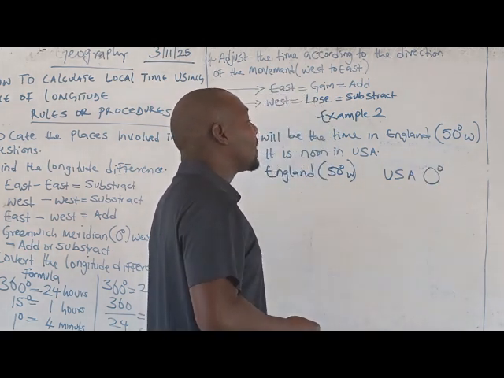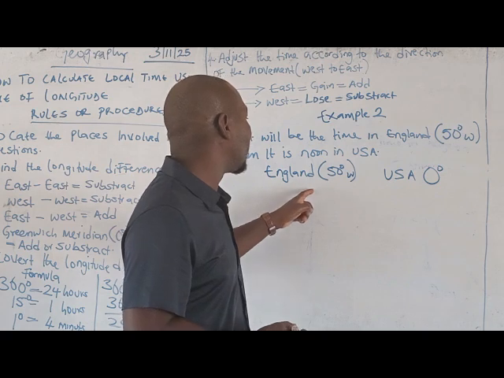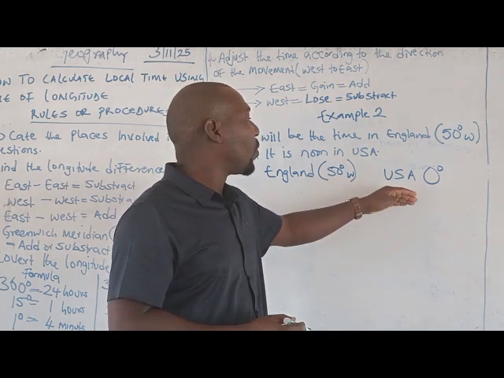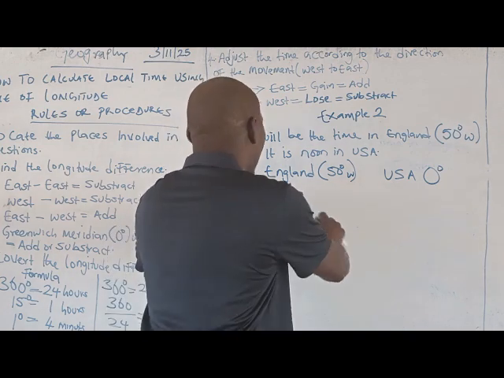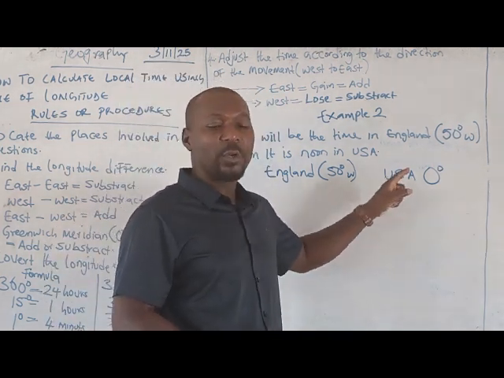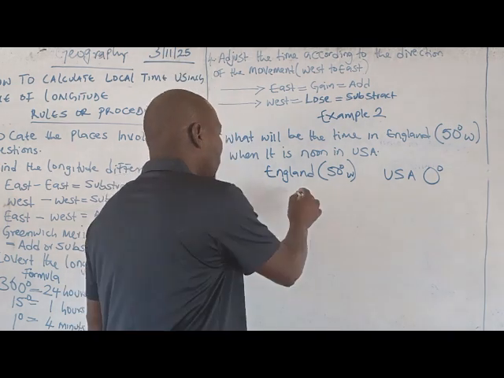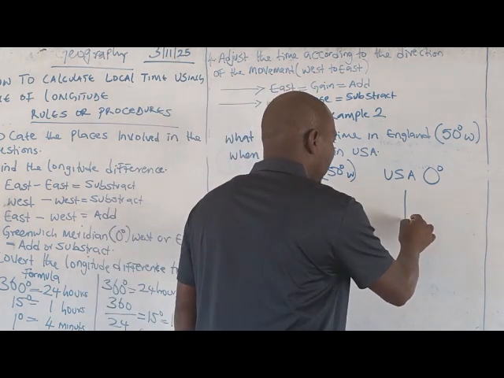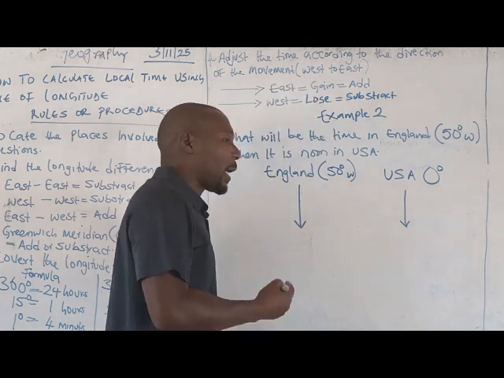So you can see they didn't give us the degree for USA, but they said noon, which we know falls under the equator, and the equator is 0 degrees. So now we have to draw down our arrows.